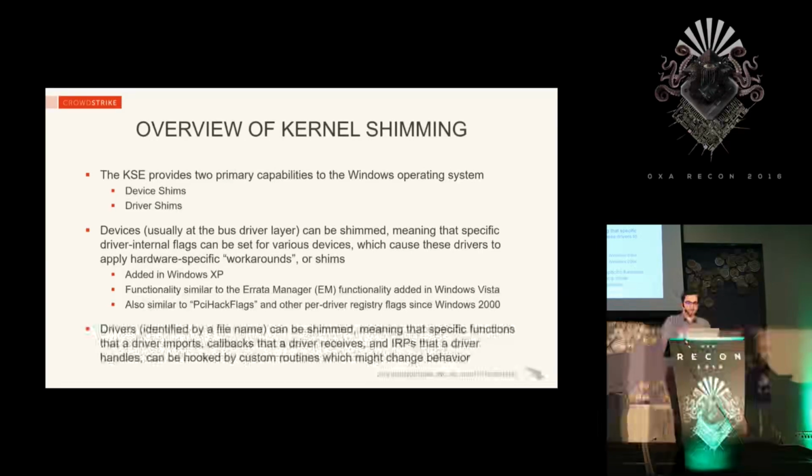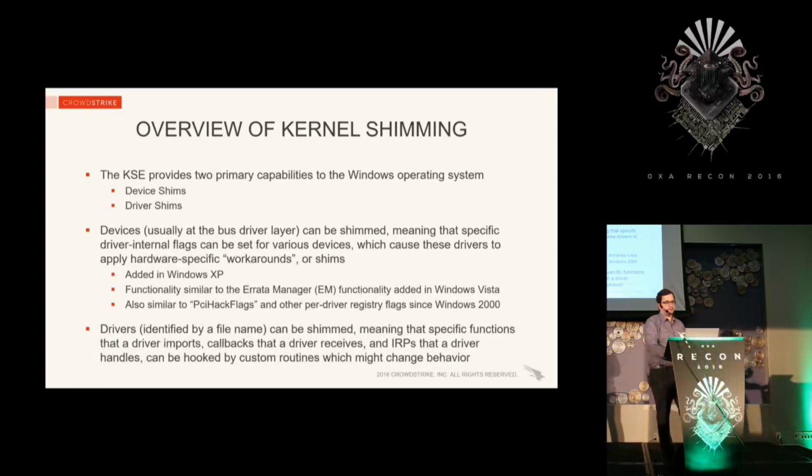Device shims are basically ways to apply flags or specific policies to certain devices, identified by their hardware ID. So you have some particular kind of USB device or some particular kind of PCI device, and different bus drivers, like the PCI bus driver, the USB bus driver, and also class drivers, are going to be checking what flags are active for those devices.